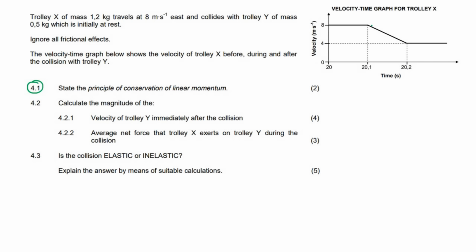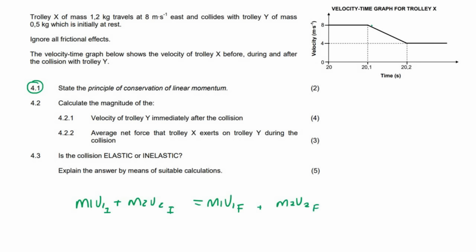Before I go get the proper definition, let's quickly talk about this. The conservation of linear momentum is when you use this formula: m1v1 plus m2v2 initial, your teacher might use A and B instead of 1 and 2, equals m1v1 final plus m2v2 final.